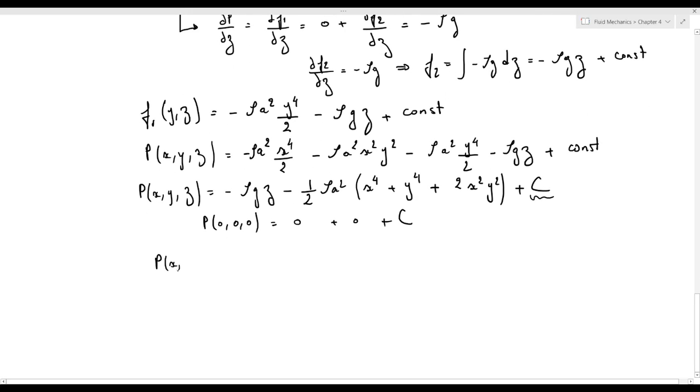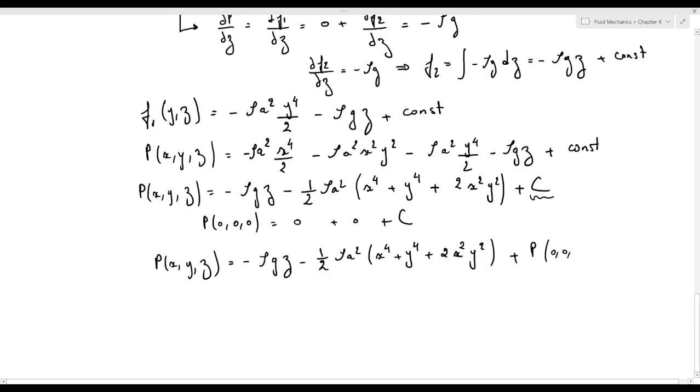Then the function p, which is a function of x, y, z, will be equal to minus ρgz minus half ρa² (x⁴ + y⁴ + 2x²y²) plus the pressure at the point (0, 0, 0).